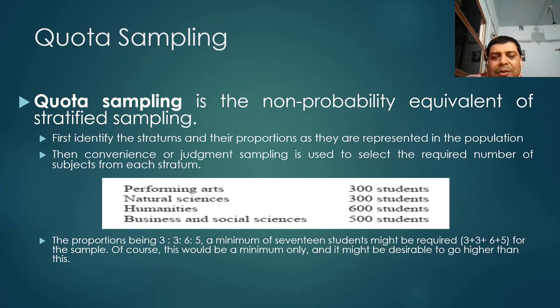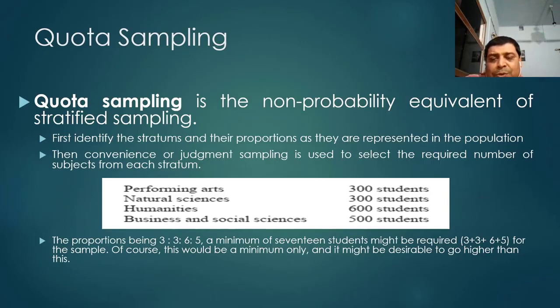Here I have given one example. There are a number of students from different disciplines: performing arts, natural science, humanities, and business and social science. The populations of those students are 300, 300, 600 and 500 respectively.